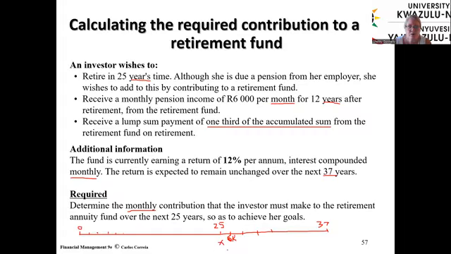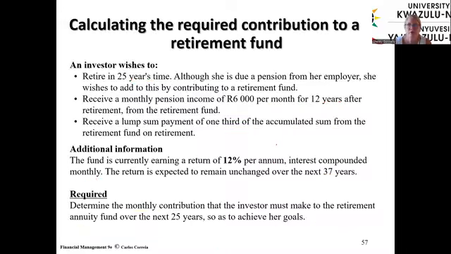And then we use that whole amount as a future value of an annuity and solve for the payment for 25 times 12 payments. That'll be the N. And we've got the FV of our annuity, and we solve for the payments. All using an annual rate of 12%, but compounded monthly. So we use 1% per month. Okay, so that's the nuts and bolts of it.